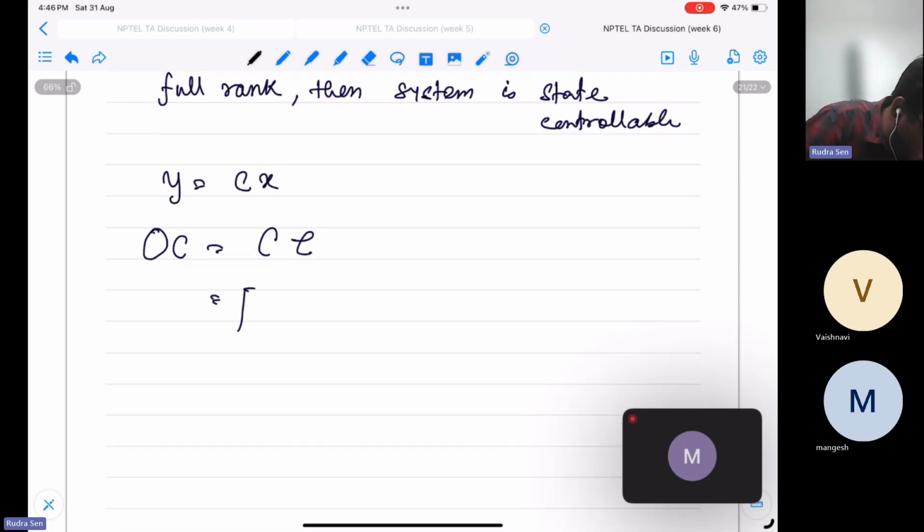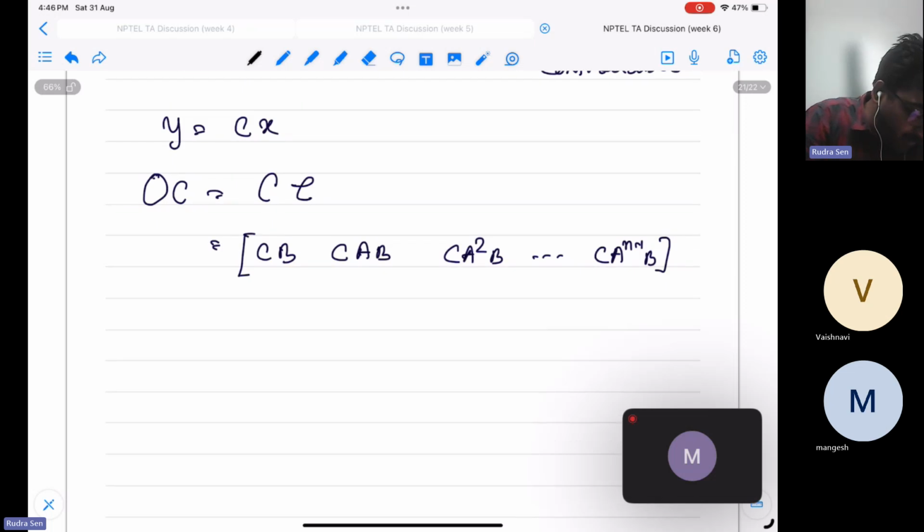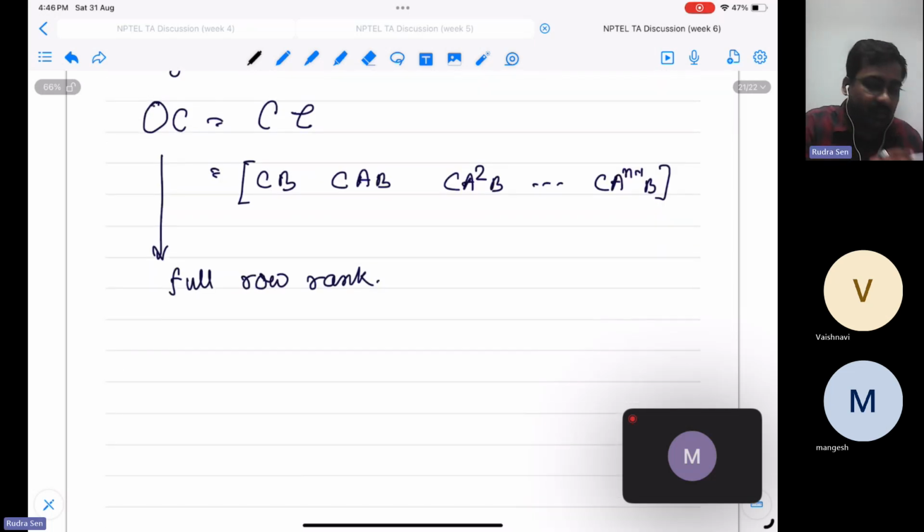So it's CB, CAB, CA squared B, up to C A to the power n B. If this matrix is full row rank, meaning if the matrix has 3 rows and 4 columns, the rank should be 3.